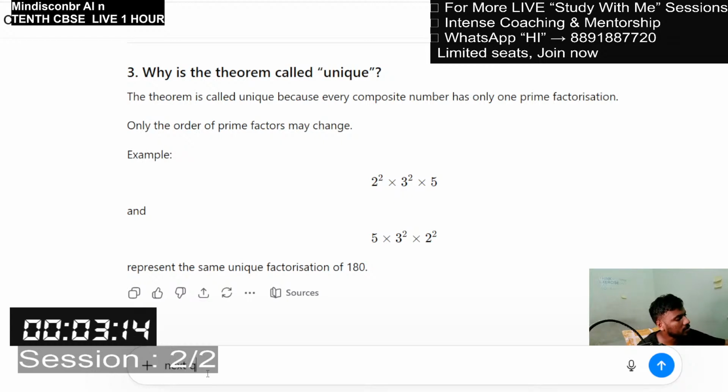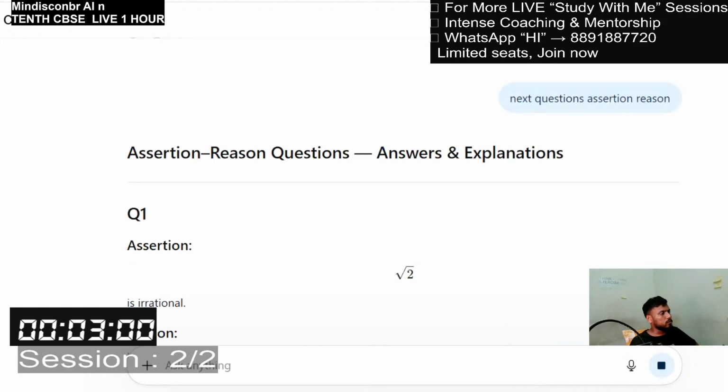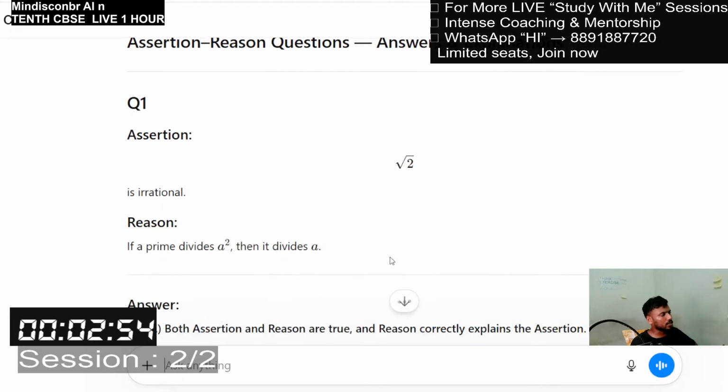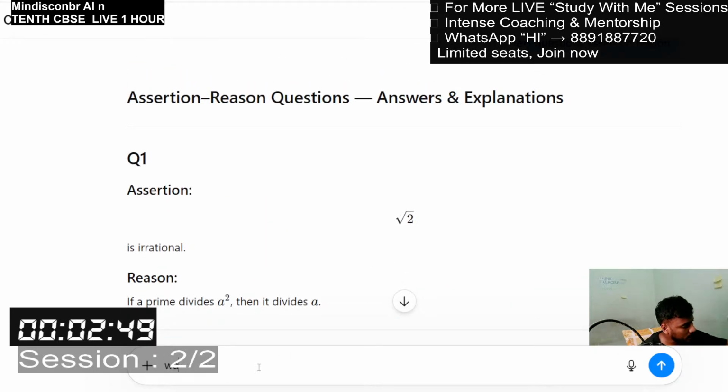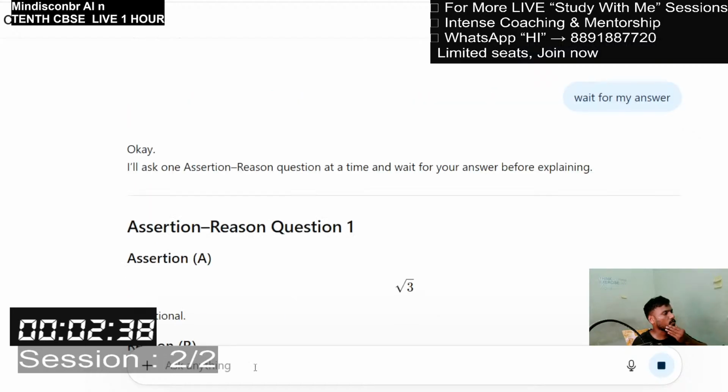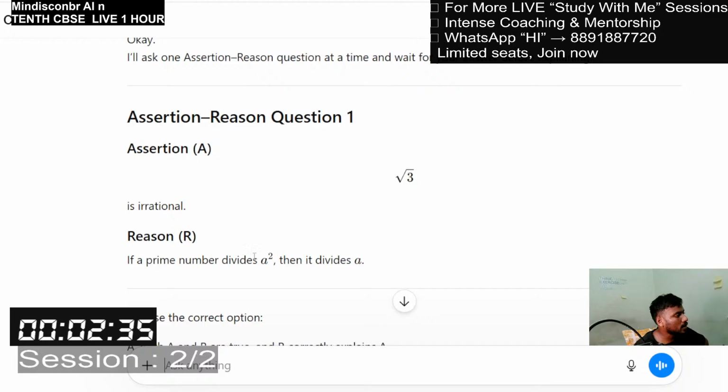Next question. Assertion reason. Assertion: root 2 is irrational. Reason: root 3 is irrational.